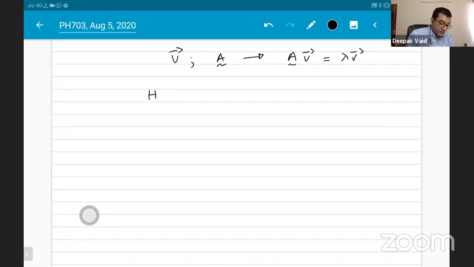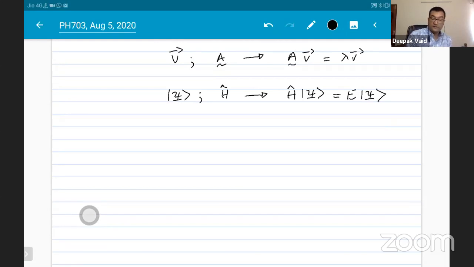Here we have some vector, ket psi. We have some operator H, and we are saying that this operator acting on this state will give me some eigenvalue. That eigenvalue will be the energy of that state times the state itself. And what is this H? This H is your operator.